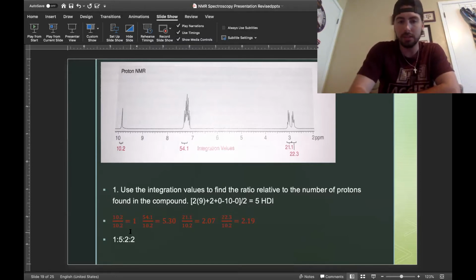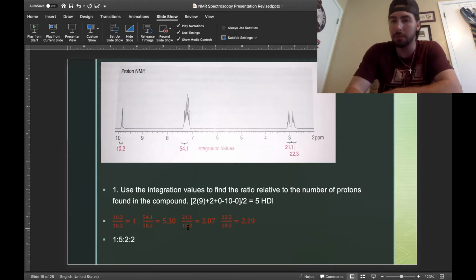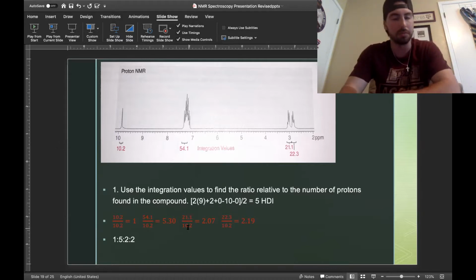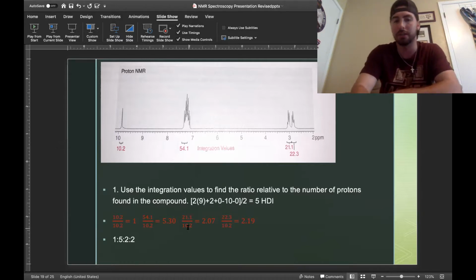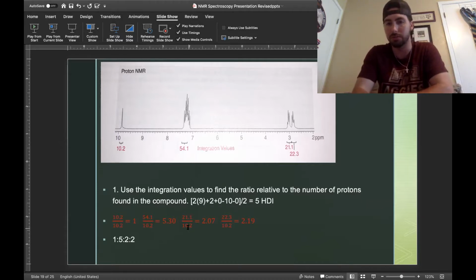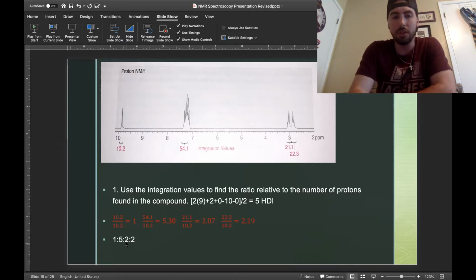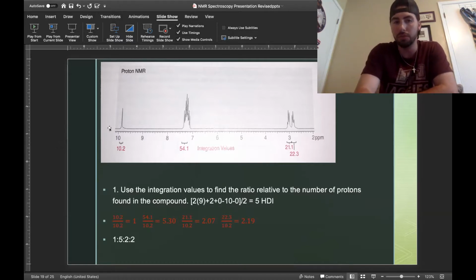Since the values could easily be rounded up or down, I didn't need to multiply these numbers by 2 to get whole numbers. I could easily just round them because they're so close. So I got a ratio of 1, 5, 2, and 2.